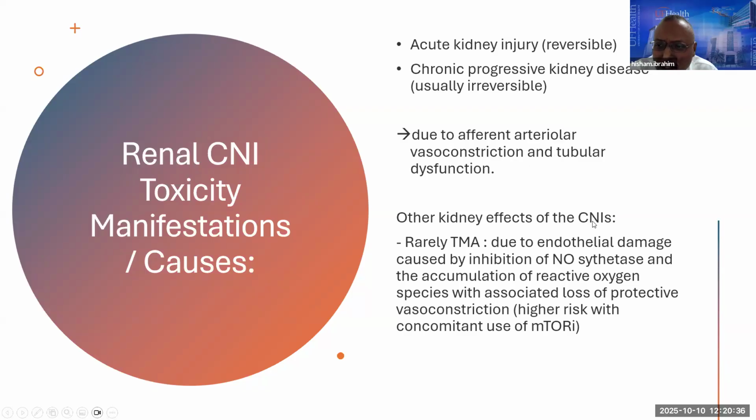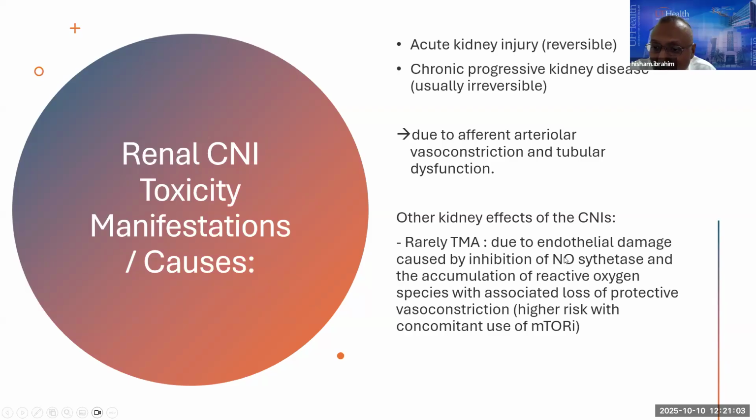Then there are other rare manifestations. I've been here for coming up on 5 years, and I've only seen maybe 2 cases of thrombotic microangiopathy as a result of CNIs. The cause is not clear, as there are no studies, but it's thought to be due to endothelial damage.